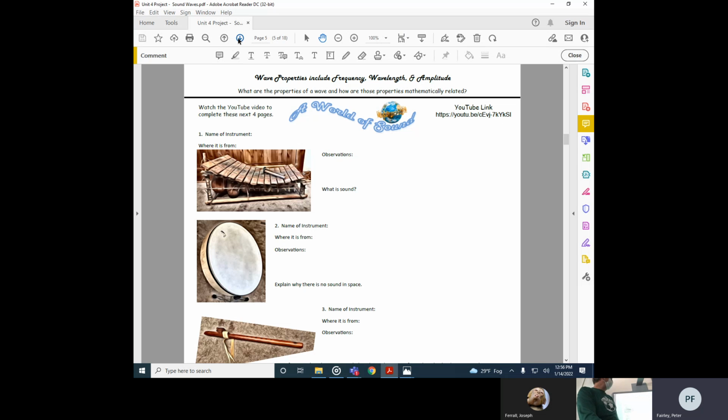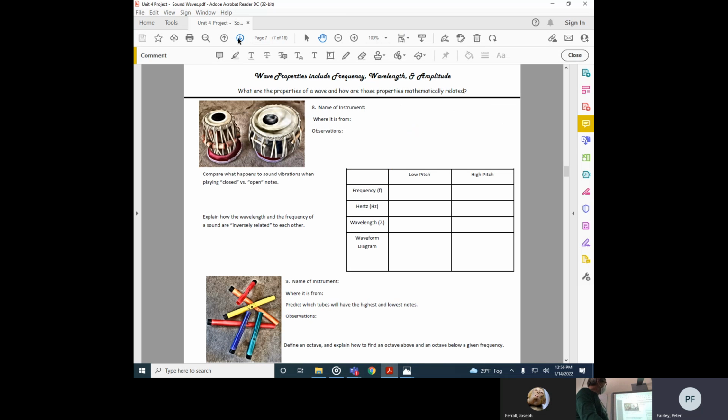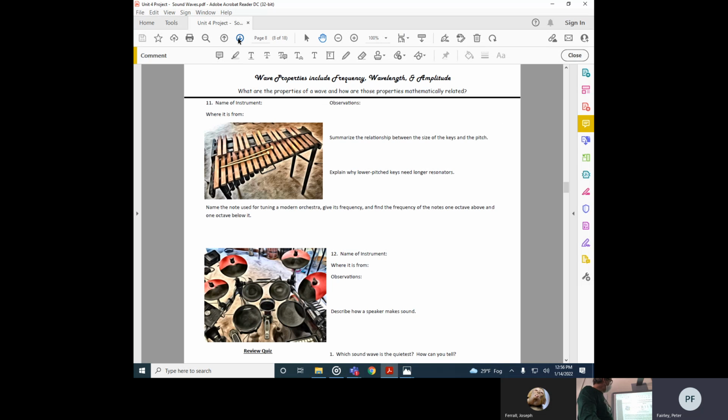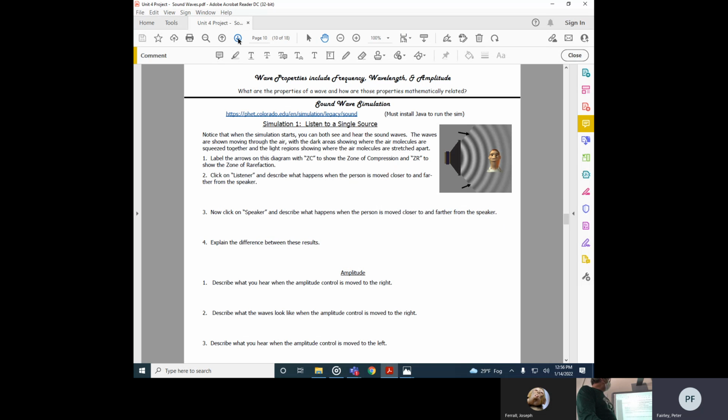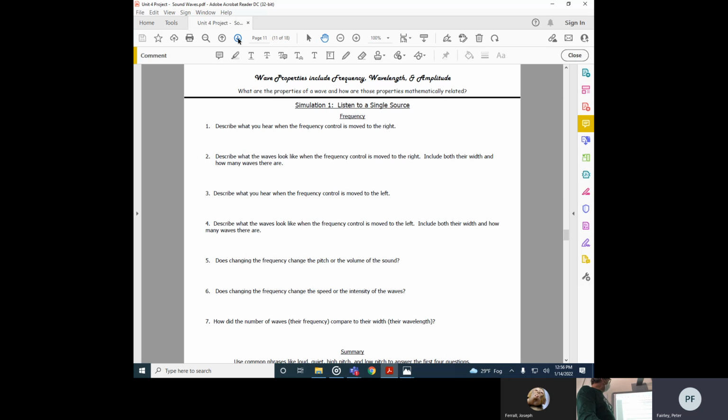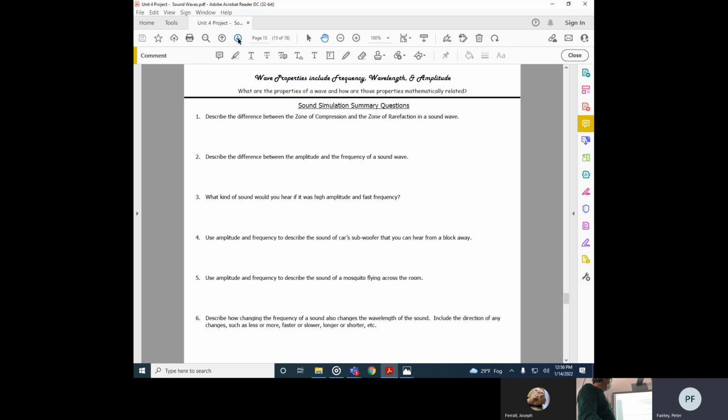That's called homework. All these pages with my musical instrument collection were to be done at home. This one was to be done at home where you watch the video of the vibrating powders. Then for pages 10, 11, 12, 13, 14, 15, we did this all together, except for page 15 when it's a summary.